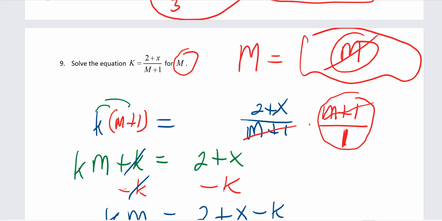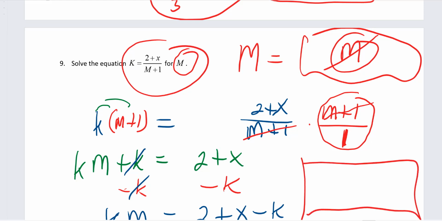In other words, let's just say the final answer was m equals x plus m over 2k, that could not be right. When you're solving for a variable, that same variable is not allowed to end up on the other side. There's a good reason for that, but I don't want to prolong this video by going into that, so just be sure that you do not do that.